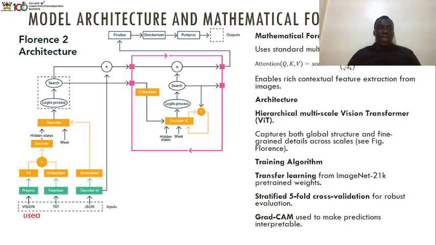And now this is the Florence 2 architecture, which is another model that we trained also. We can see here that we use the standard multi-head self attention, and it enables rich contextual feature extraction from the images, as we can see. And then it uses what we call a hierarchical multi-scale vision transformer, which is all the same as a vision transformer, to capture both global structure and fine-grained details across scales.